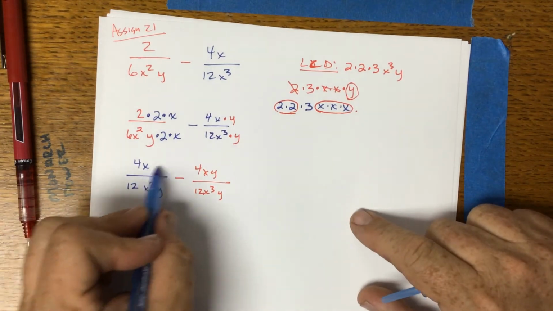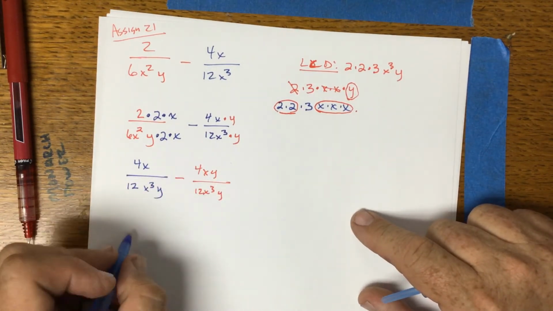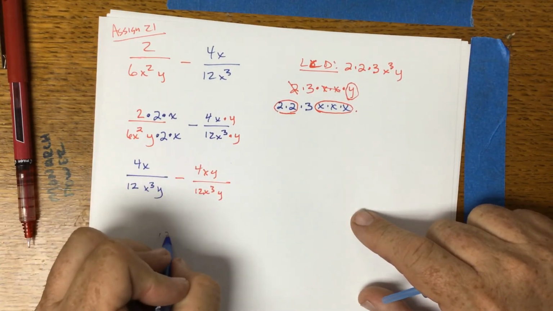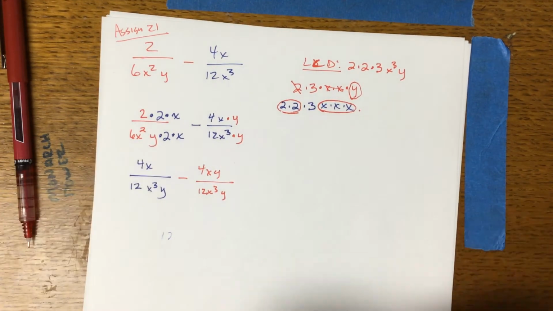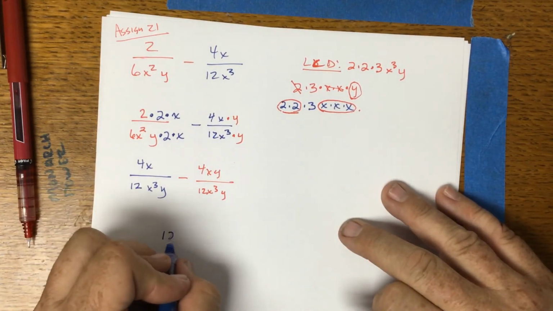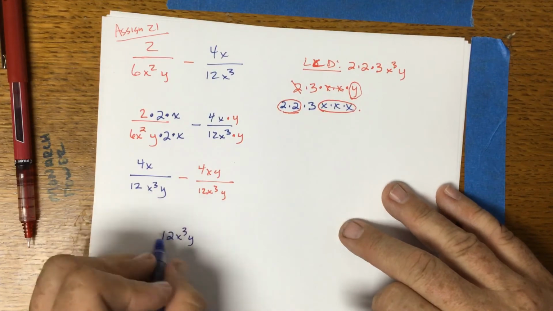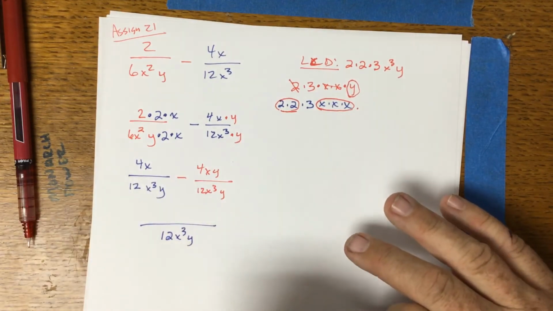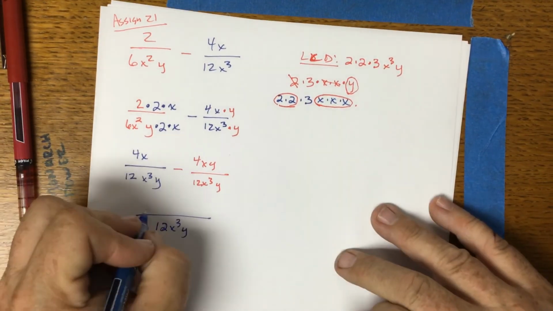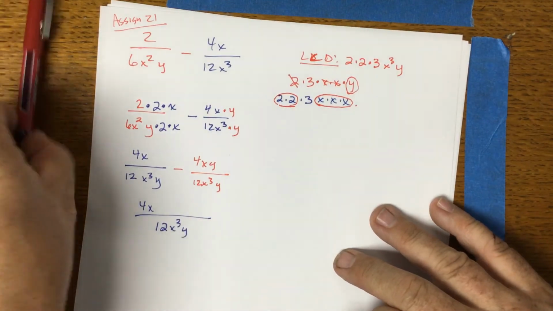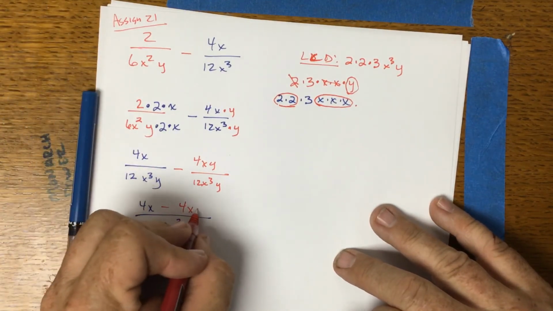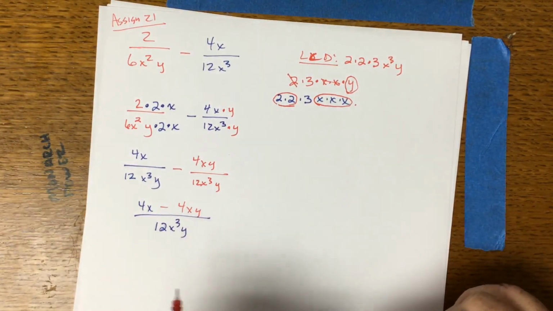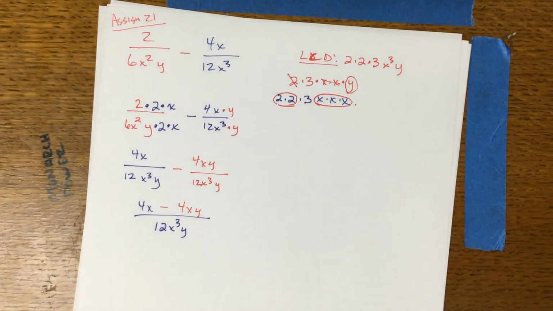So now I need to kind of combine these pieces together. So I have my 12x cubed y all over the top, 4x minus 4xy.